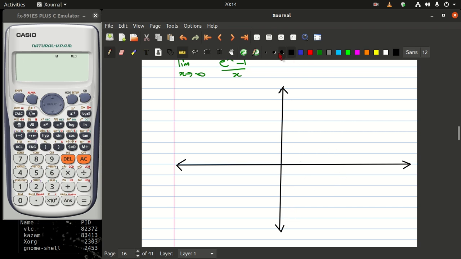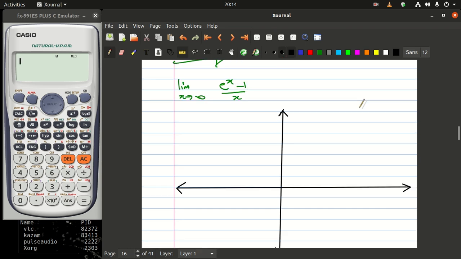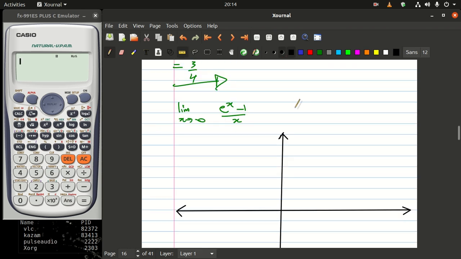So in this particular case, I don't know how to plot this whole thing, but I do know how to plot e to the power x, and 0 is here. So e to the power x is an exponential function that looks something like this.